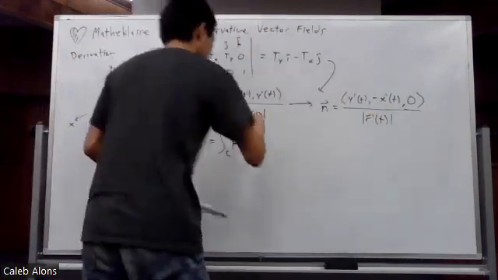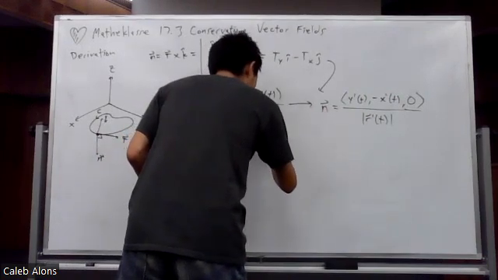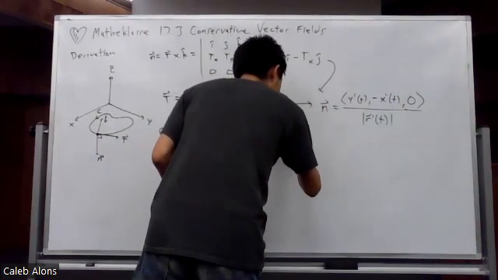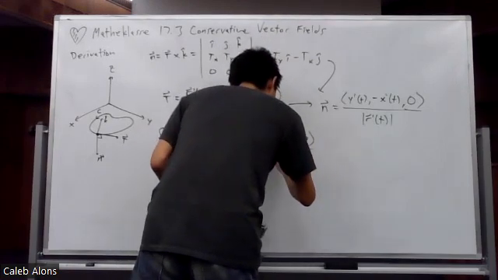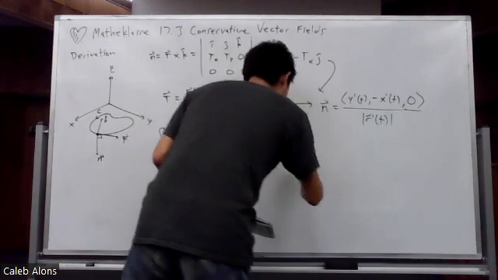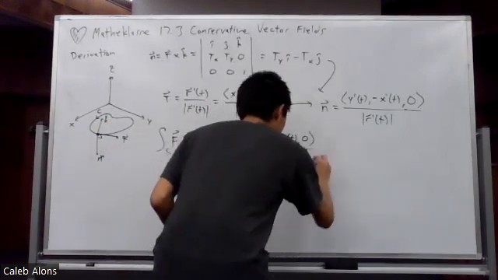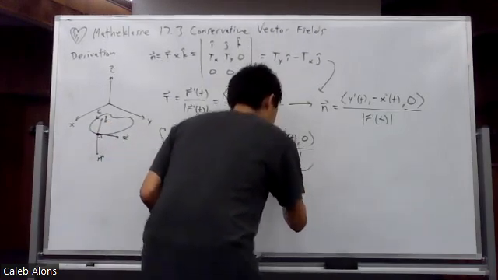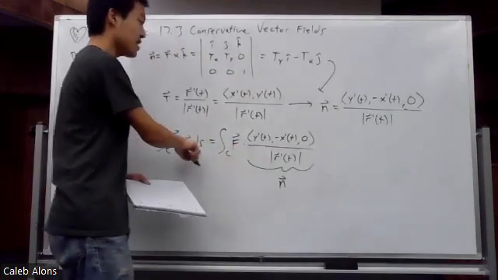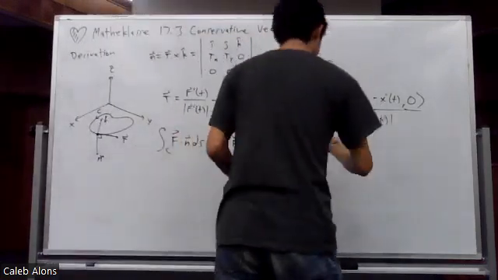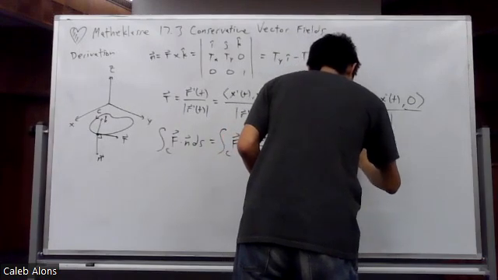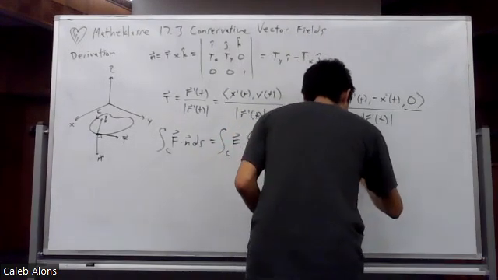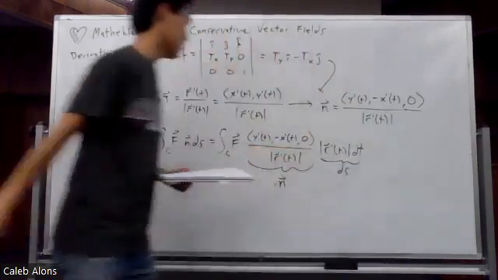It's going to be y prime of t, negative x prime of t, comma 0, and then all over r prime. So this right here is the N. And then ds, we talked about what that's supposed to be in class on Friday: r prime of t dt. We've already gone over that particular derivation.